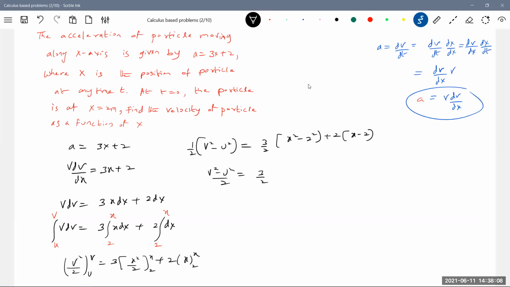Okay, this will be 3 by 2. This will be x square minus 4 plus 2x minus 2. V square, this u square you can... this 2 we will take common. So this will become v square minus u square equal to 3x square minus 4 plus 4x minus 2.